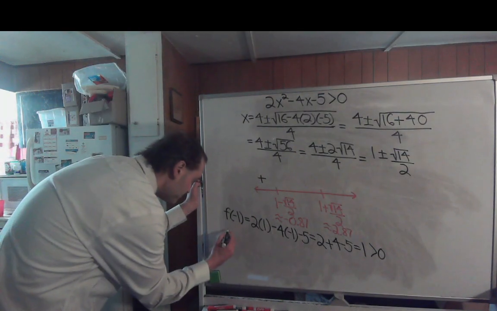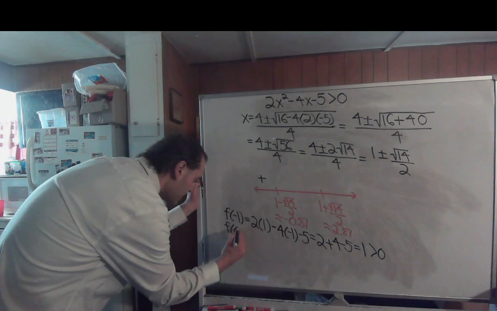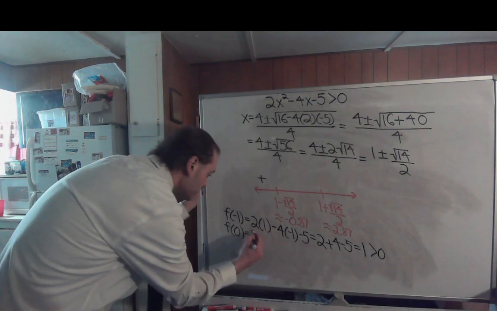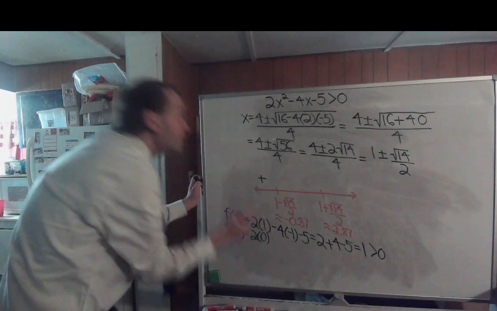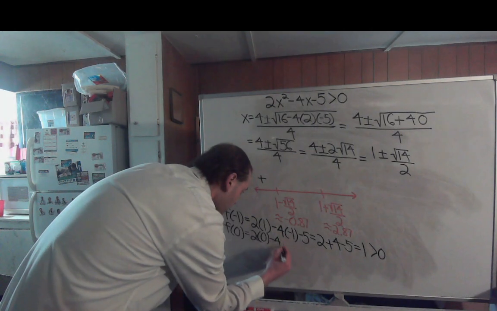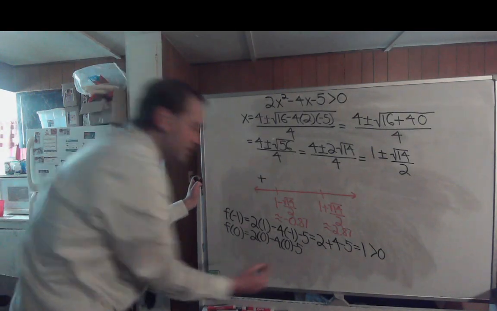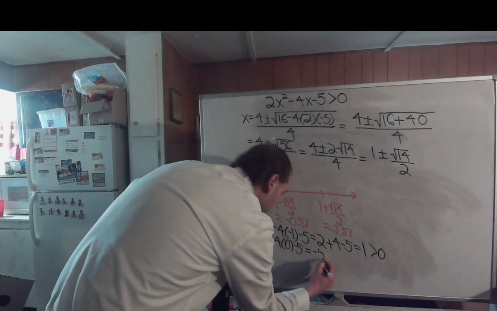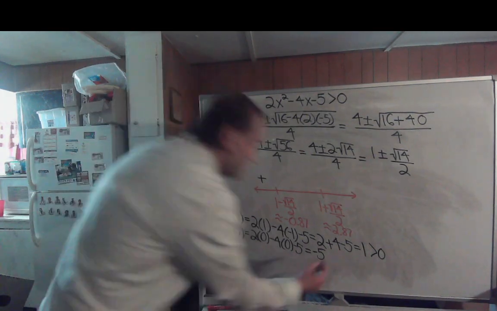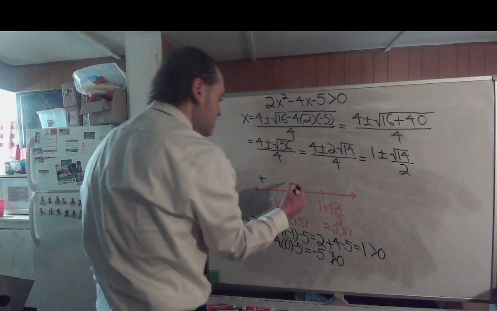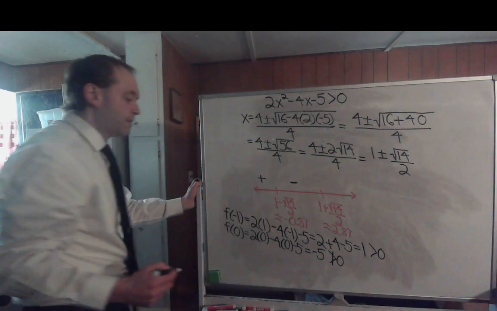That'll work, because that'll be in between these two numbers. So f of 0, that would give you 2 times 0 minus 4 times 0 minus 5. Well, that turns into a whole lot of 0 minus 5. That's going to give you negative 5. Negative 5 is clearly not greater than 0. It's actually less than 0. So you have a negative sign here.